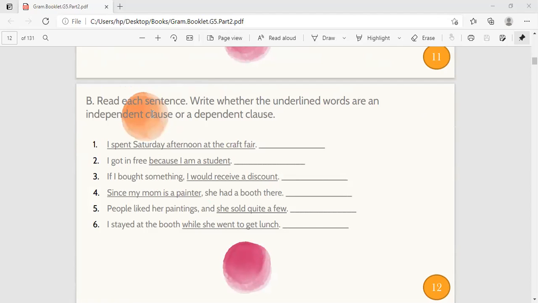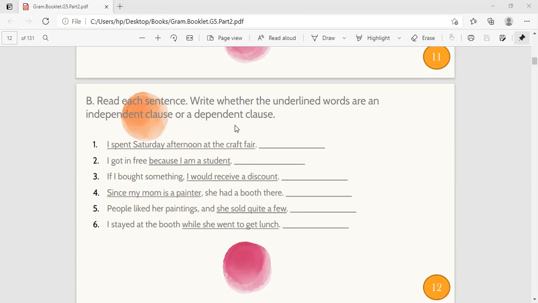Write whether the underlined words are an independent clause or a dependent clause. Yalla, read the first one.